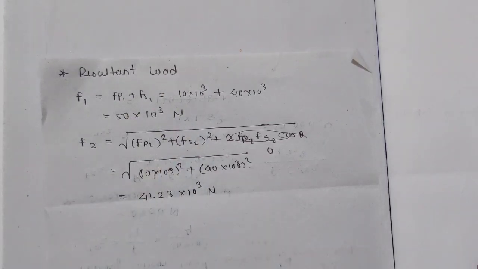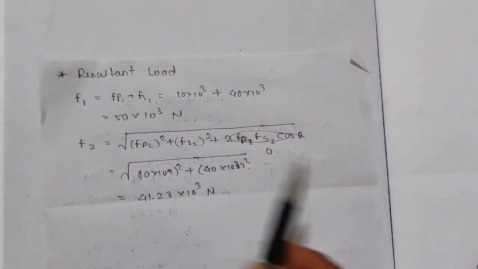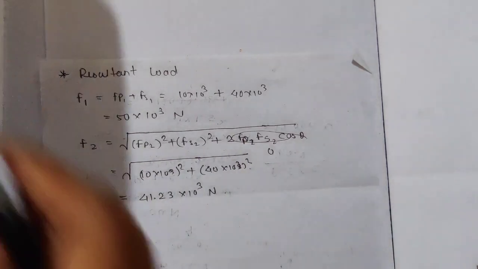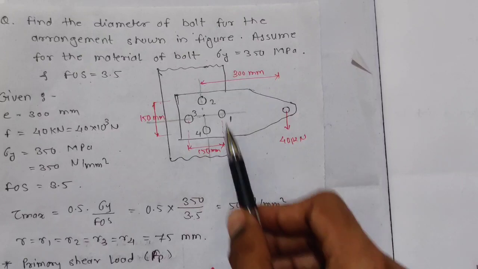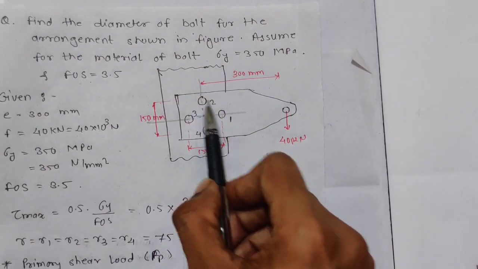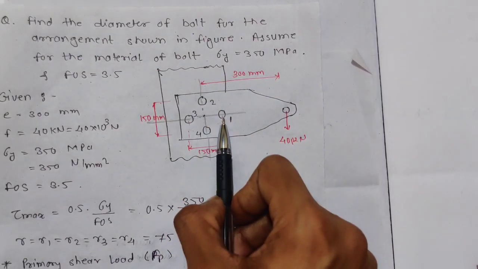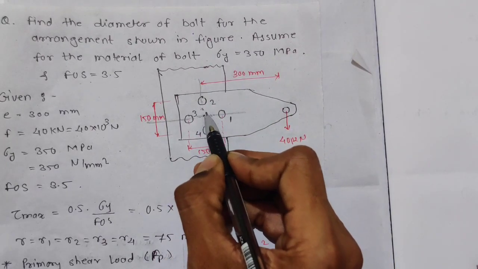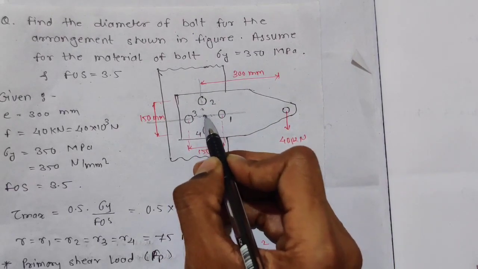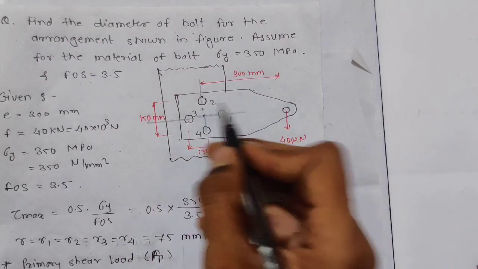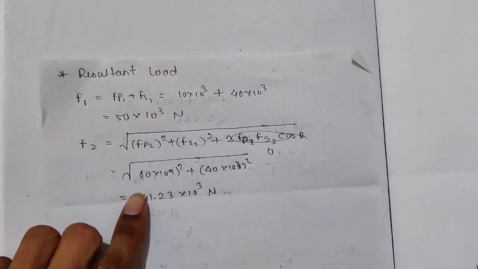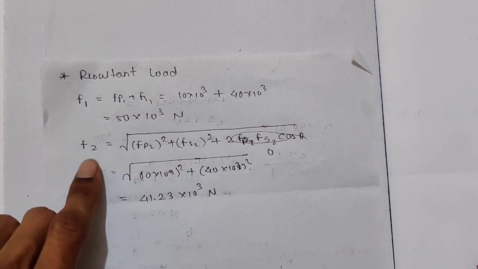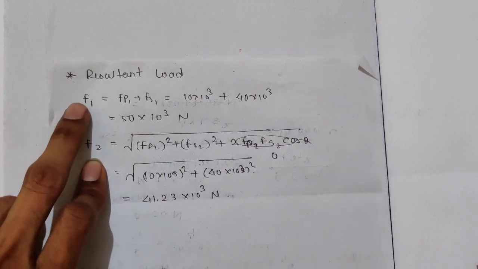Now you don't have to calculate this. I will make you understand why. You have this diagram, and you know that bolt 1 will carry the highest load if the radius of this and this bolt is the same. In that case you don't have to calculate this; it will be less than F1.